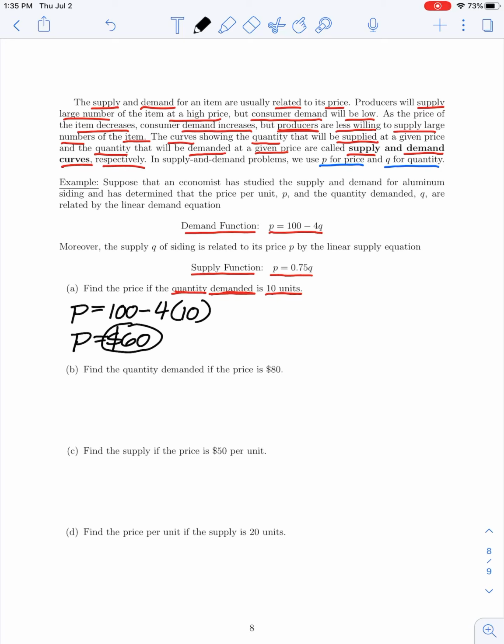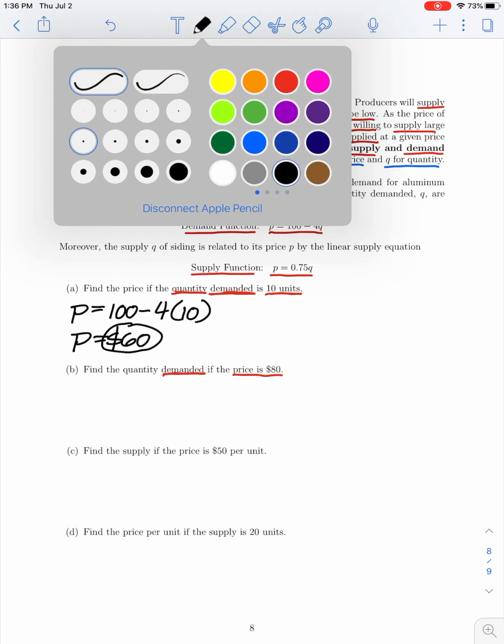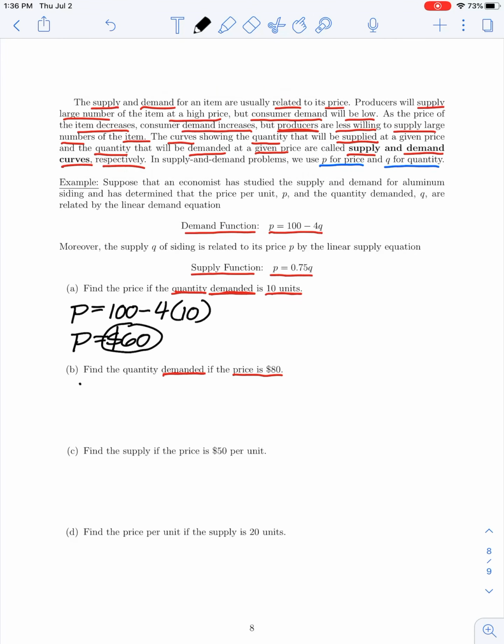Now in part B, we are asked to find the quantity demanded if the price is $80. So again, we're working with the quantity demanded, so we're going to make use of our demand function, but here we're given the price is $80. So setting price equal to 80 in our demand function, we have 80 is equal to 100 minus 4Q.